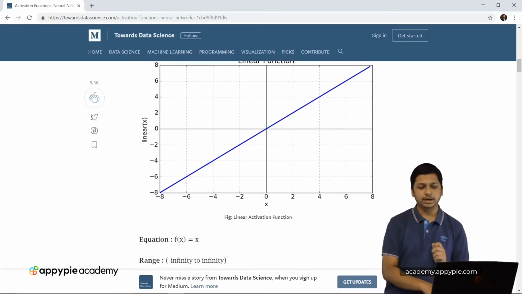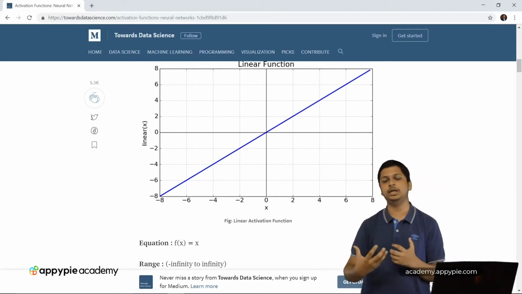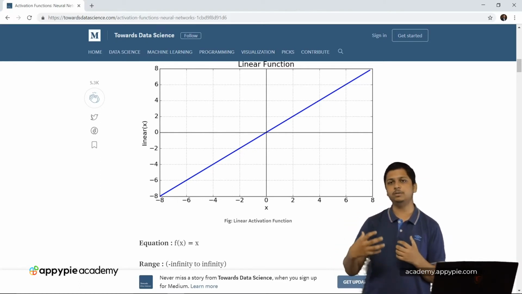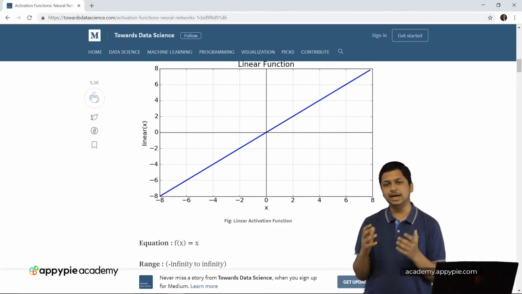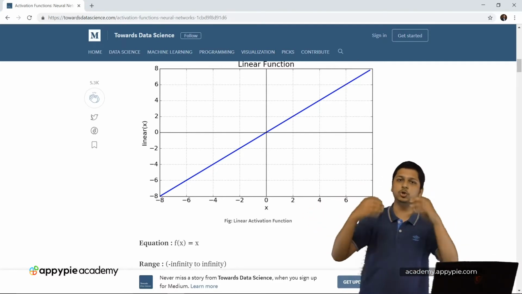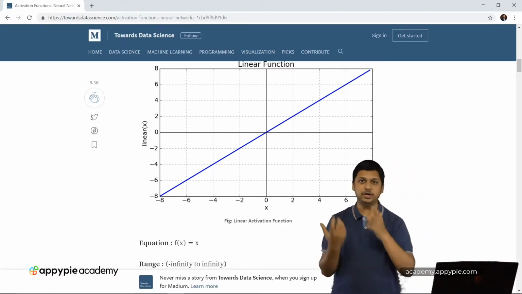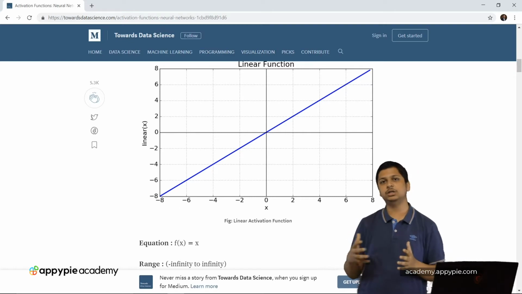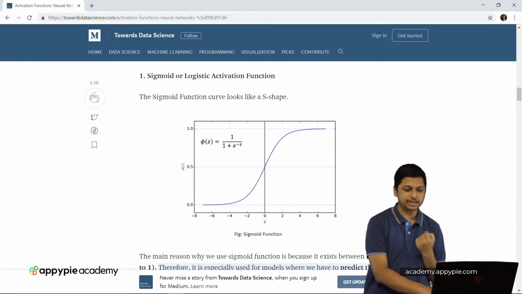With linear functions you cannot put in a bias, meaning you cannot say that if the input is above a certain value, then you have to fire for sure. This is not happening in linear functions, and it did cause a lot of problems, and that is why non-linear functions were created.